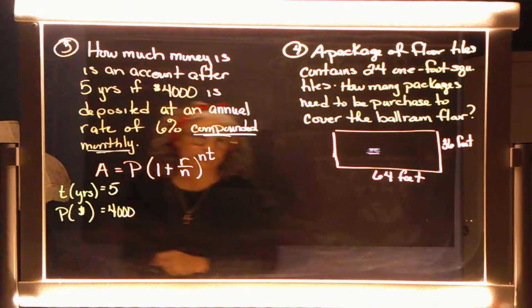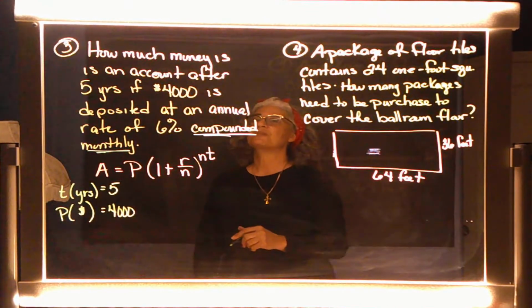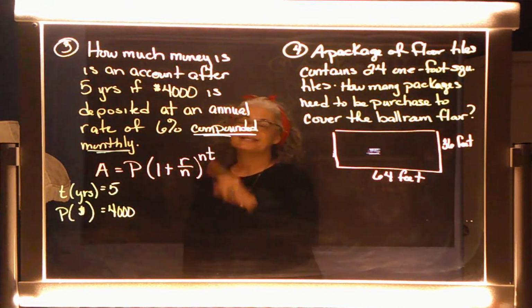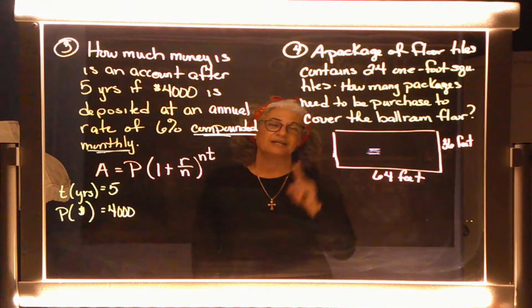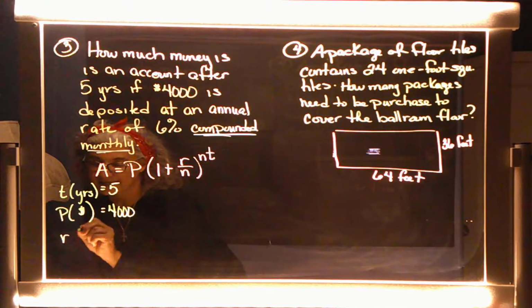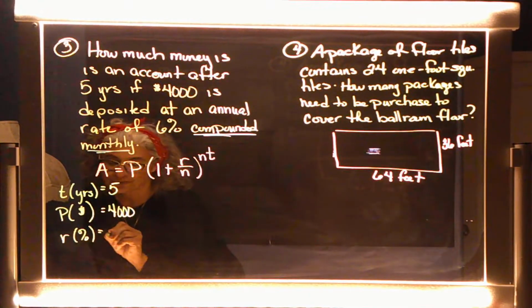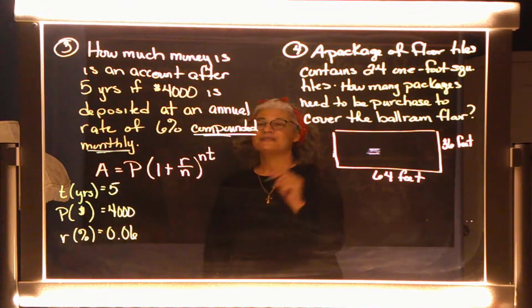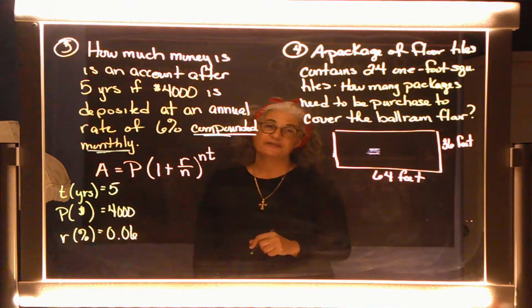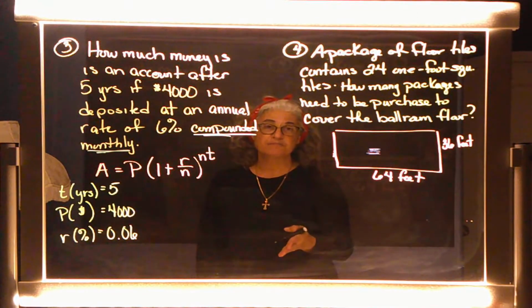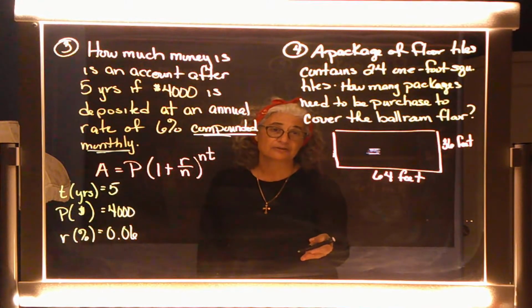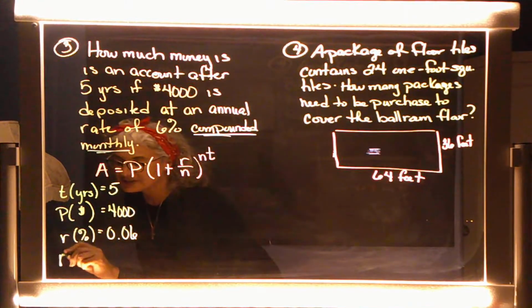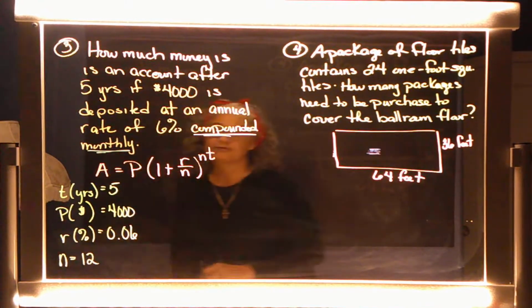Want to make sure it's not in Russian rubles or something. At an annual rate of 6%. Good, that's your R, and it's a percentage, and you write 6% as that decimal, correct? And then compounded monthly. Well, compounded monthly is how many times a year? Good, 12, which means N is equal to 12.